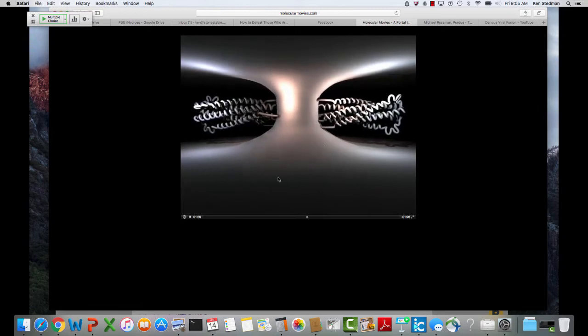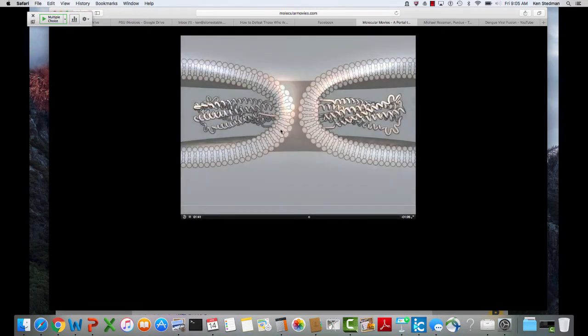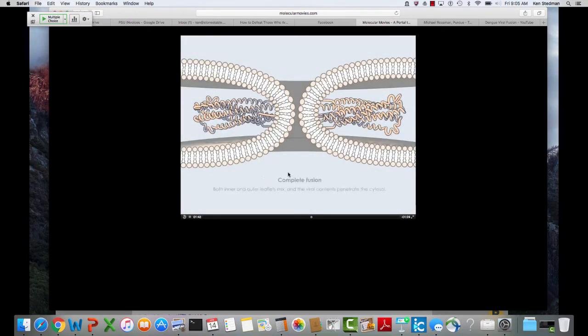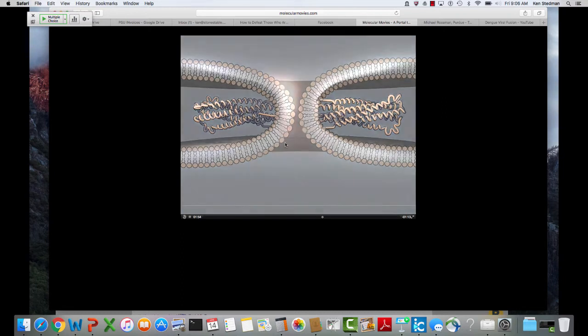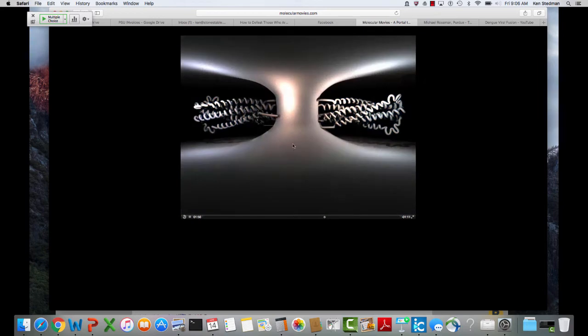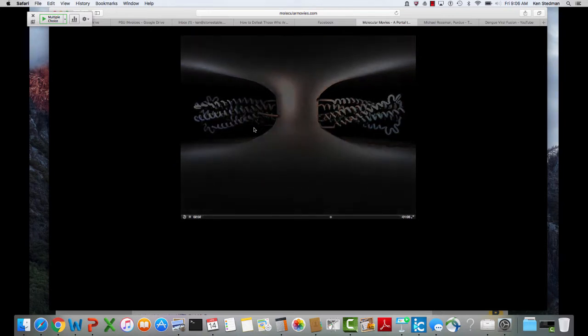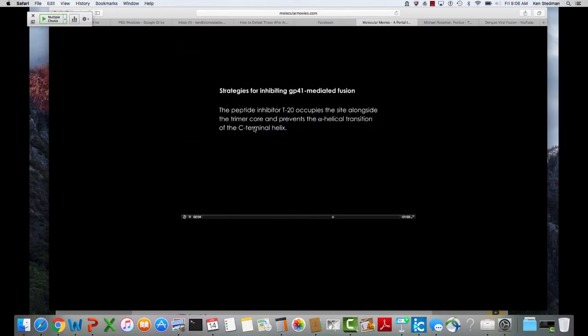But once you've gotten these two membranes apart, the virus nucleocapsid here can get through into the cellular cytoplasm in this particular case. So, sort of a review: it's really about that conformational change and getting the two really hydrophobic parts of the protein pulled together.